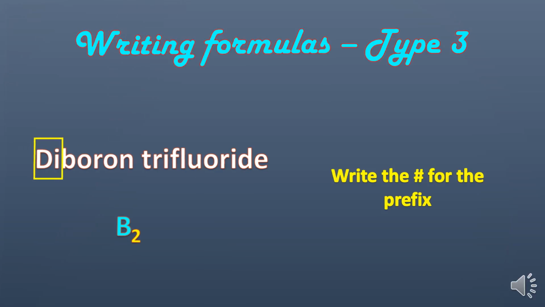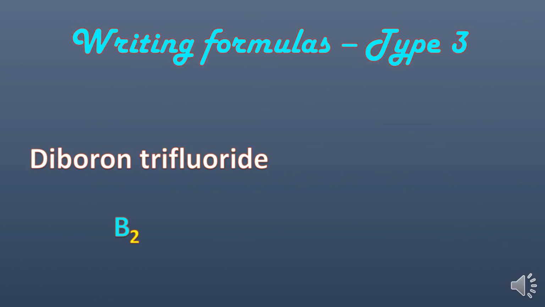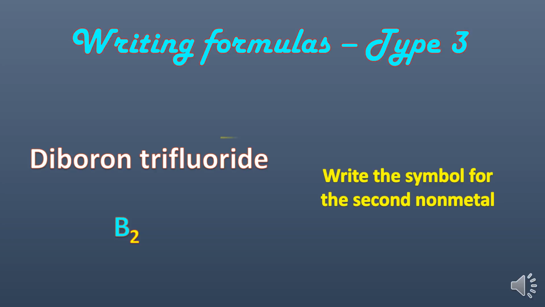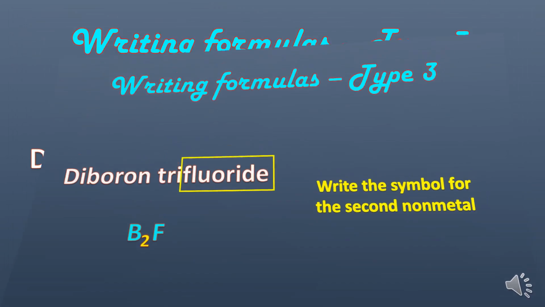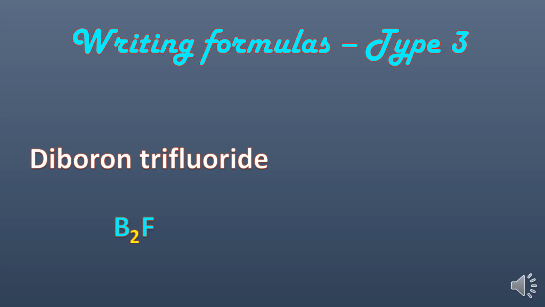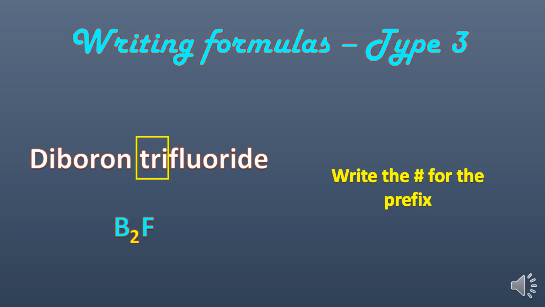Now you want to write the symbol for the second non-metal. The fluoride symbol is F. Very last step, write the number for that prefix. So there we have 3. That's it. You're done. There is the formula for diboron trifluoride.